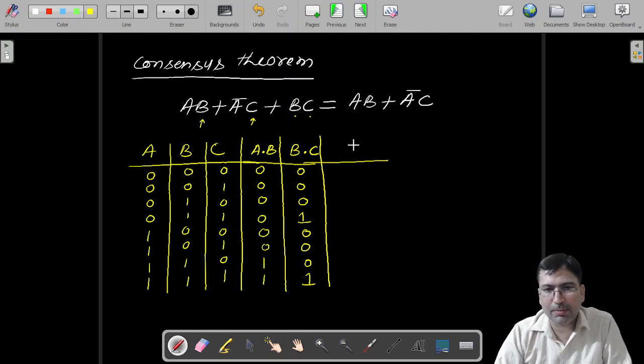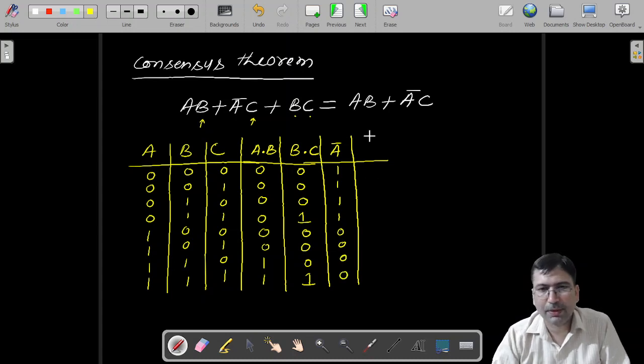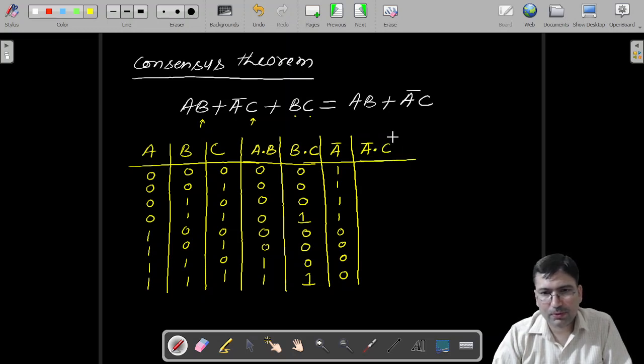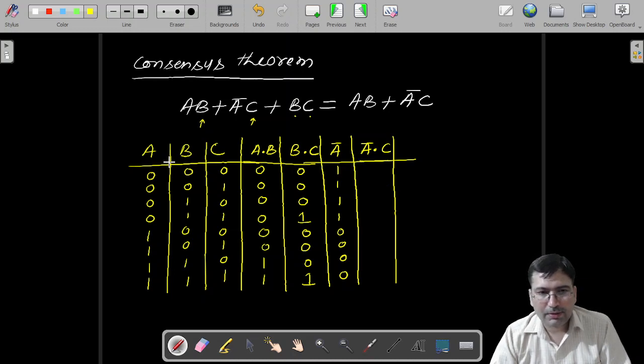Now we need A bar. So first let's calculate A bar. A bar is the complement of A. So we have 1, 1, 1, 1, 0, 0, 0, 0 as the complement of A. Now we can find out A bar C. If we calculate A bar C, it will give us A bar and C. So this is 0 because A bar is 1 and C is 0.